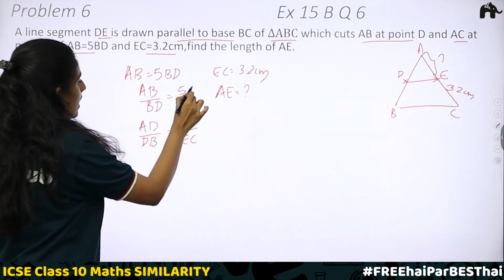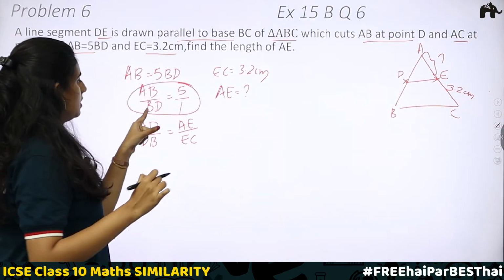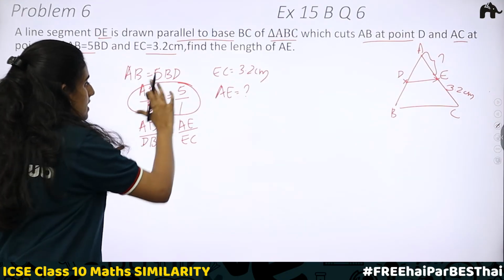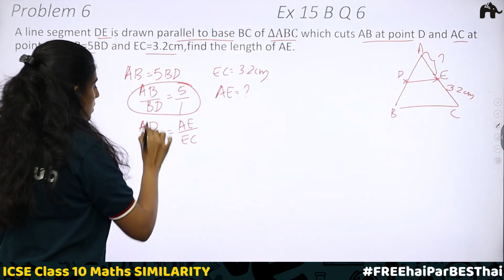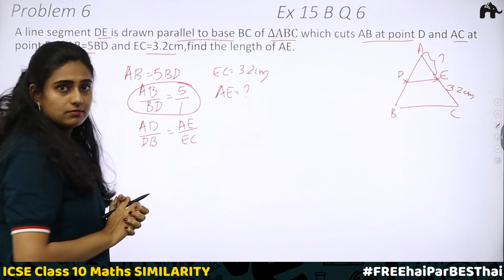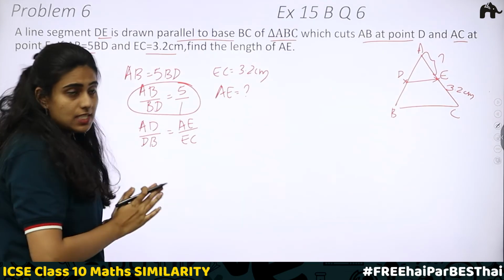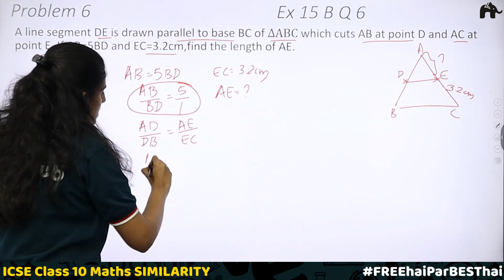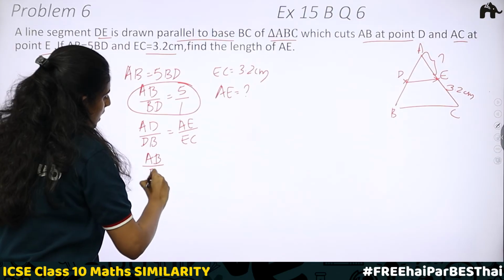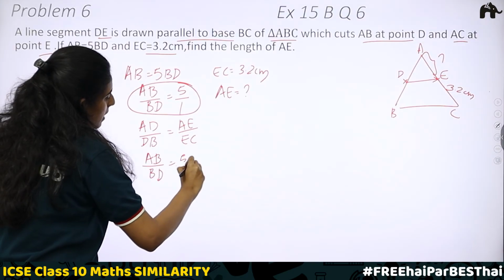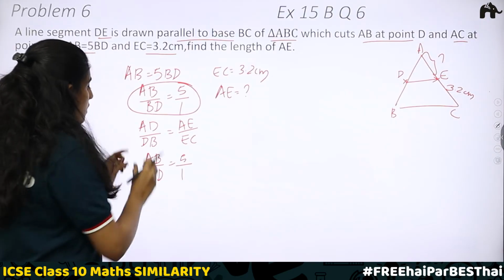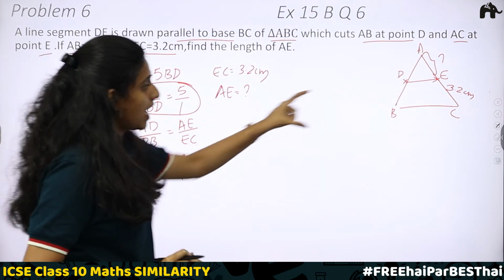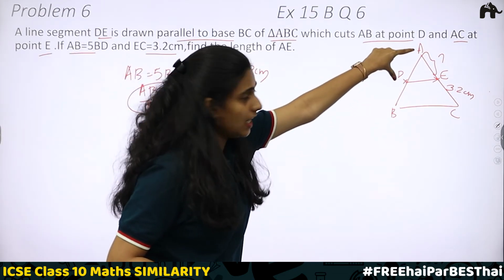Here we have AB by BD. Since we have AB by BD, we'll be getting AD by DB. What we have to do is take this part, that is AB by BD is equal to 5 by 1. From AB, if you subtract BD, you will get AD.